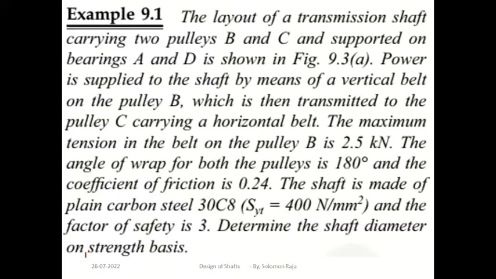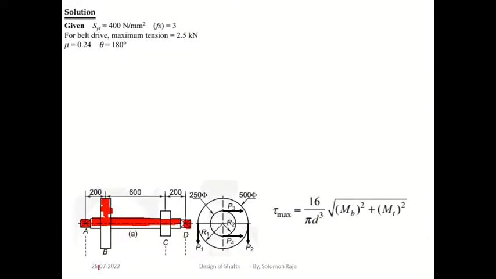Now we'll go to the question back. Power is supplied to the shaft by means of a vertical belt on the pulley B, which is then transmitted to the pulley C carrying a horizontal belt. The maximum tension on the pulley B is 2.5 kN. So this is what they have given. Let me change the color so that you can easily point out.